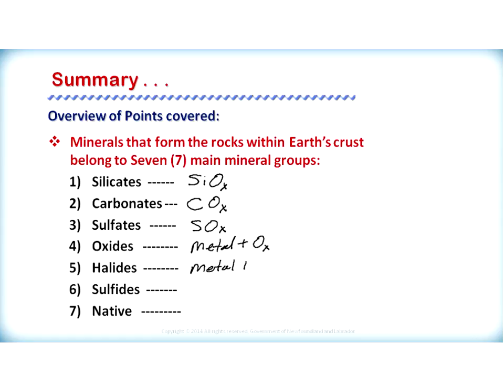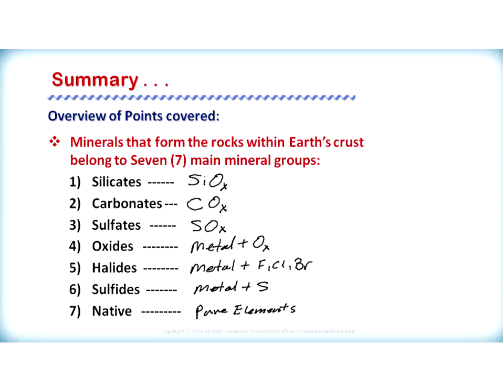Oxides contain a metal followed by an oxygen group. And then when you get into halides, halides would have a halogen element, either fluorine, chlorine, or bromine, combined with a metal.